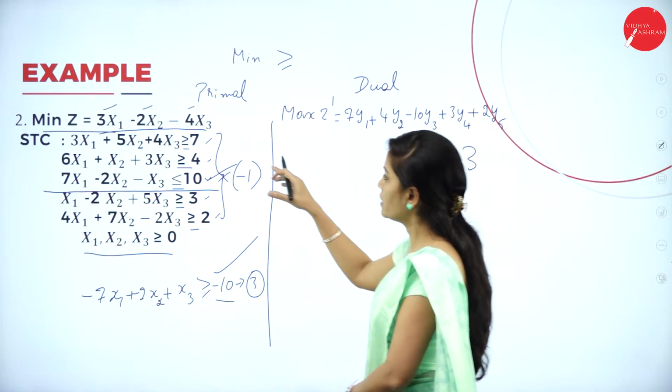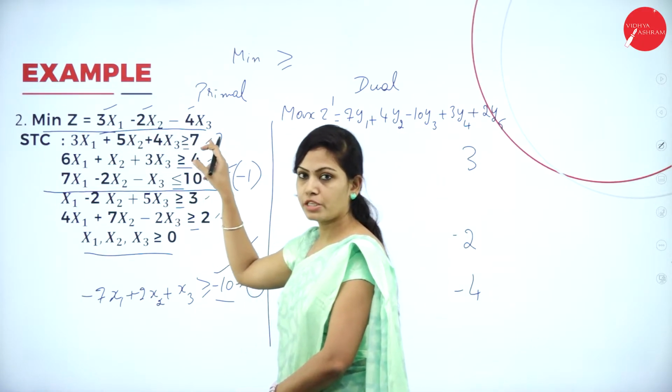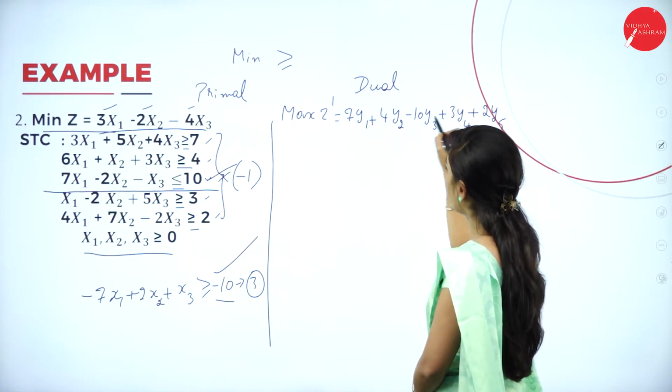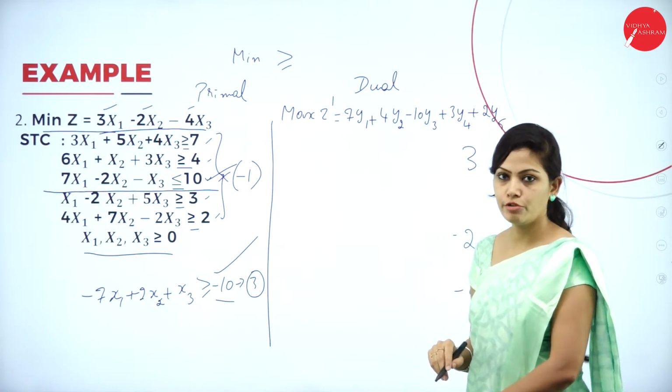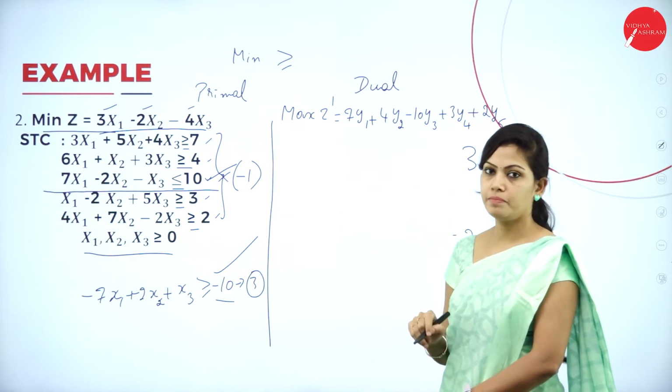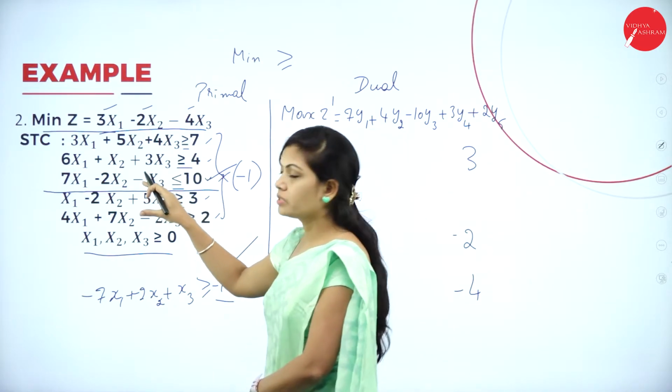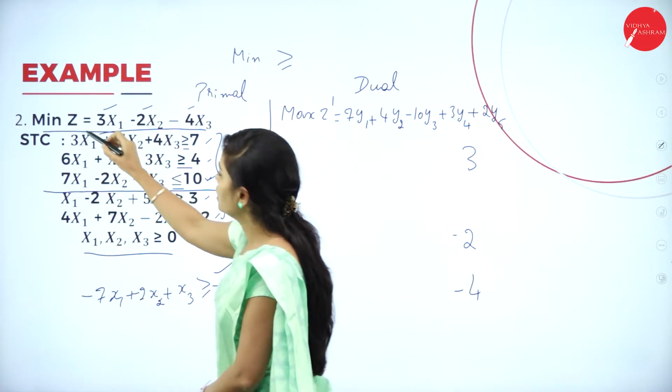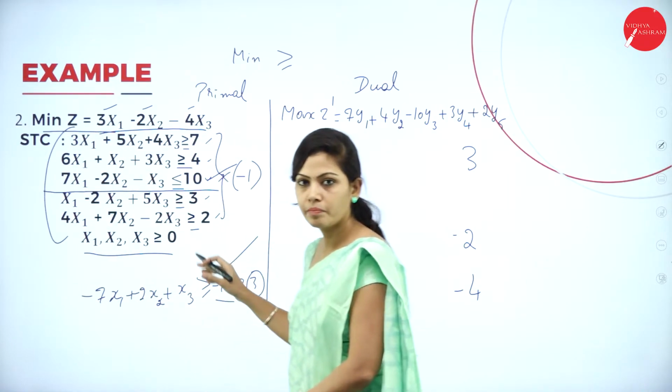Before, I had only 3 variables in the objective function, but now I have 5 variables: y1, y2, y3, y4 and y5. Now observe the constraint values; all the columns will become rows.